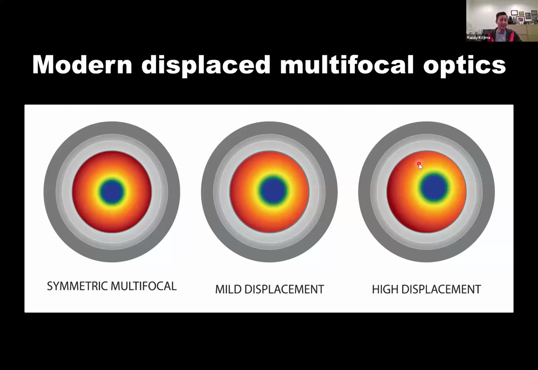Now with many designs today, we can decenter the optics so that the multifocality is right over the line of sight. Con muchos diseños hoy día, como ven acá, podemos descentrar la óptica de manera que esté entonces esa óptica totalmente pareja con la línea visual del paciente.